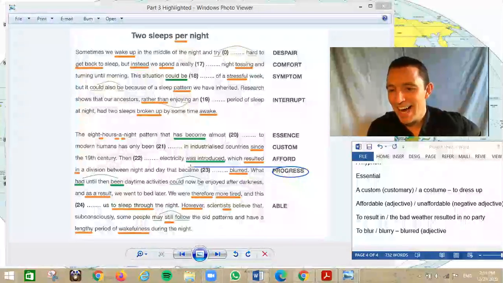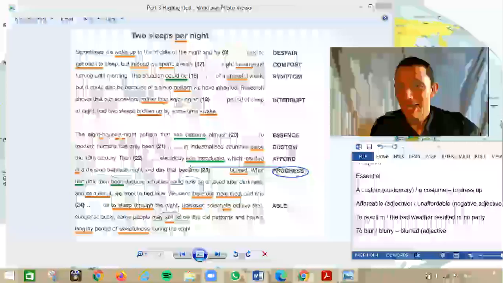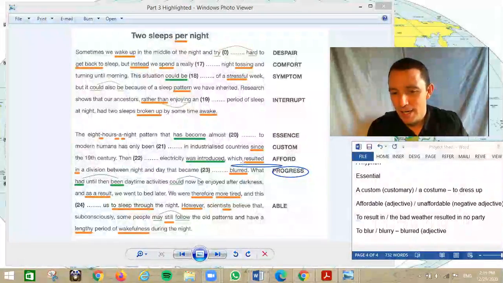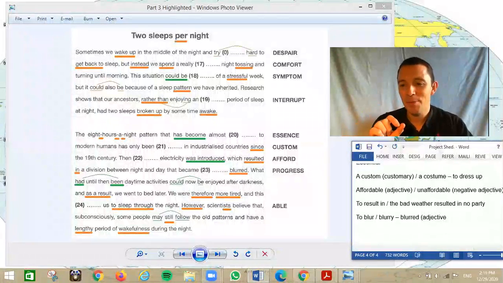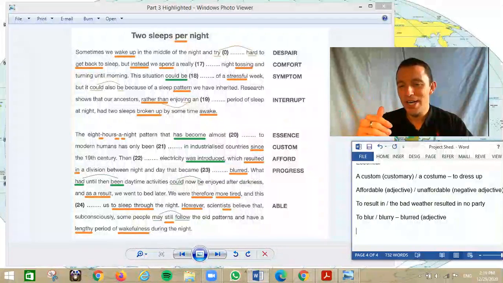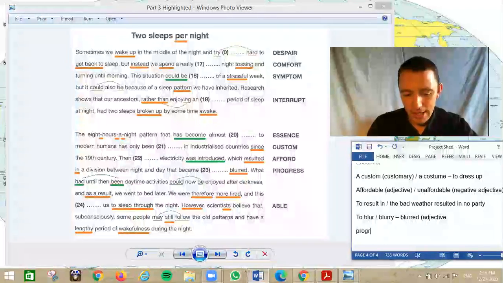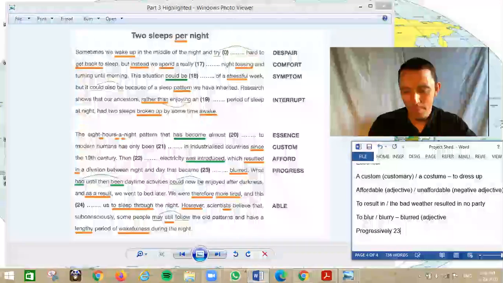So probably an adverb. And remember, adverb in Spanish is like mente, lentamente. And here, I think we need to say the same, progressively. And remember, in English, the typical adverb suffix is ly. So progressively is typically the adverb, okay? So the answer, I think, is progressively for number 23.